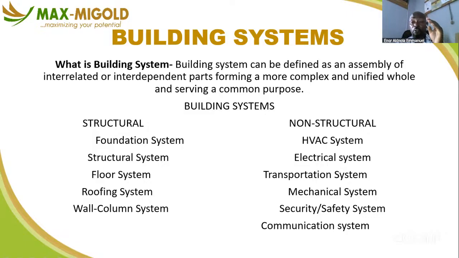Those that are not structural are your HVAC, which is your heat, ventilation, and air conditioning, your electrical system, which includes your low voltage and your extra low voltage system, your transportation system, which includes your pavement, your staircase, your lift, and your conveyors. The mechanical system, you have security and safety system, and your communication system. These are all systems within a building.